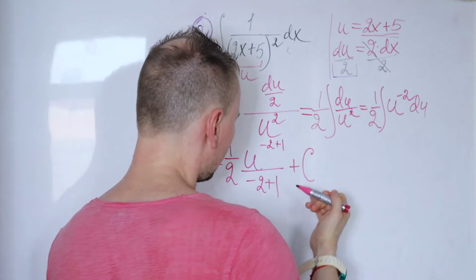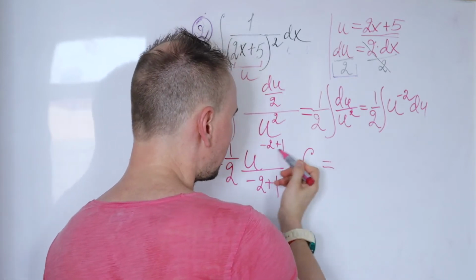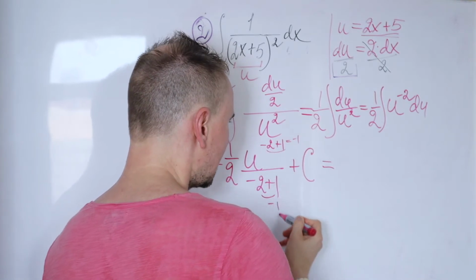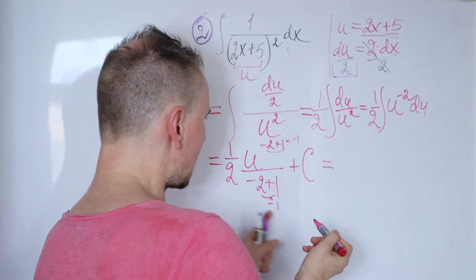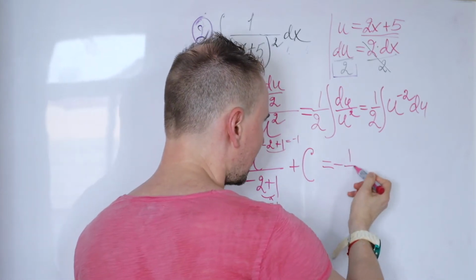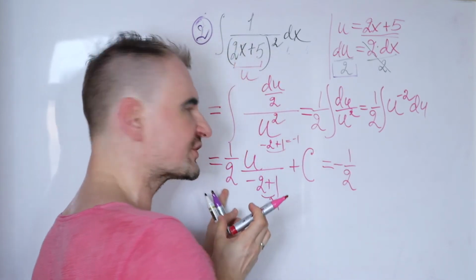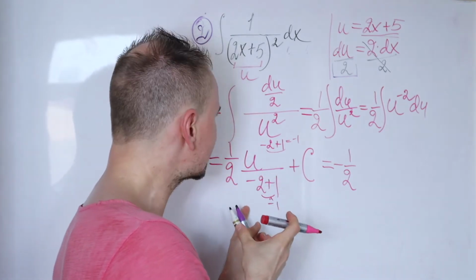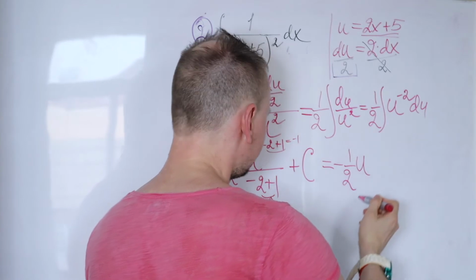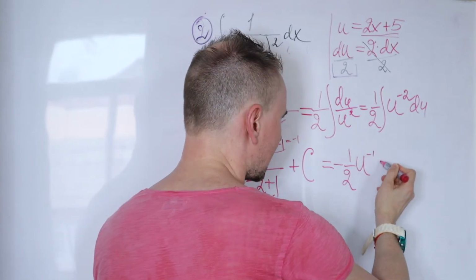Now simplify it down a little bit, so your power actually becomes just negative 1, and I'm going to pull out this negative 1 out front, so negative a half. This is my constant, you keep it outside, and you are left with u to the negative 1 plus c.